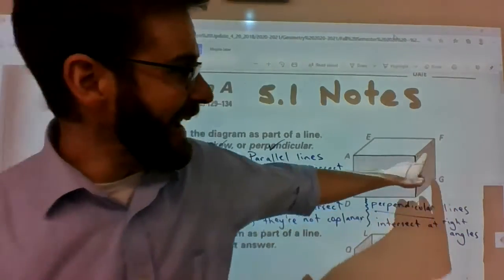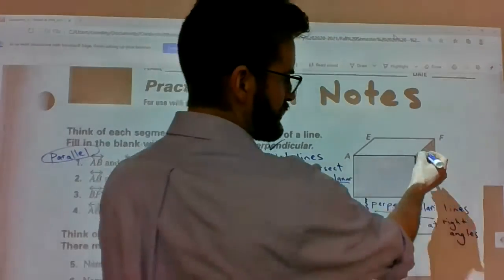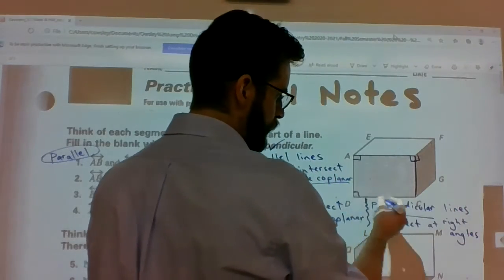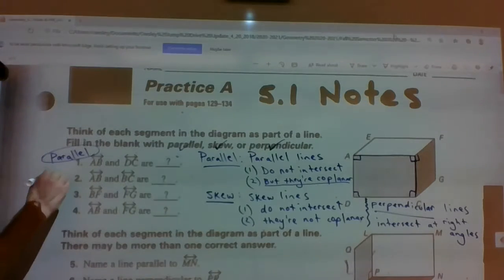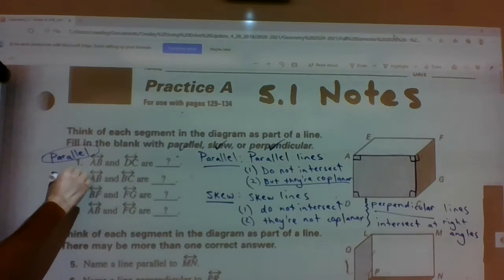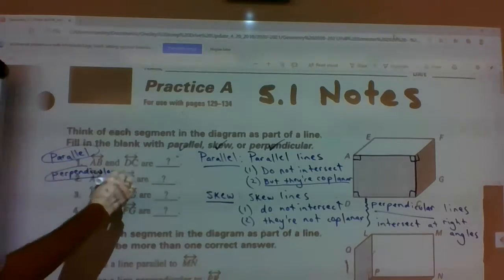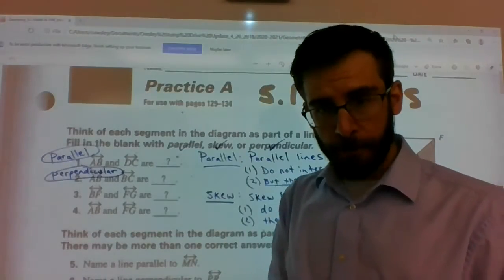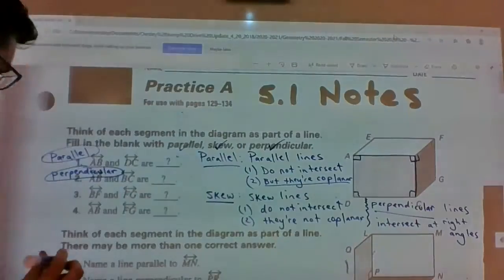We know that there's a 90-degree angle over here. We're just going to assume that keeps playing out in every part there as well. So they end up being perpendicular lines. Number 2, those lines are perpendicular because they meet at 90-degree angles.